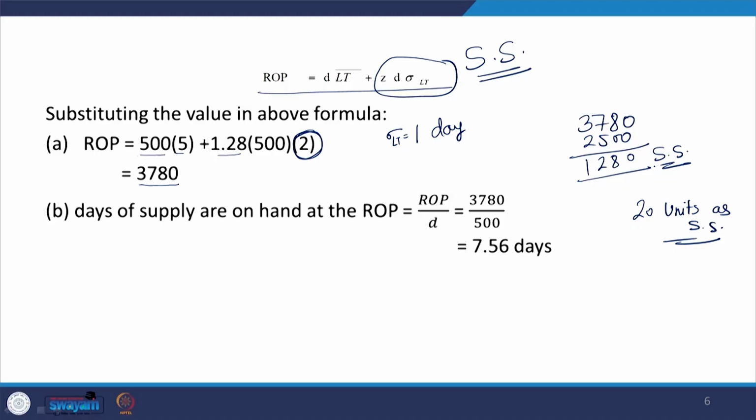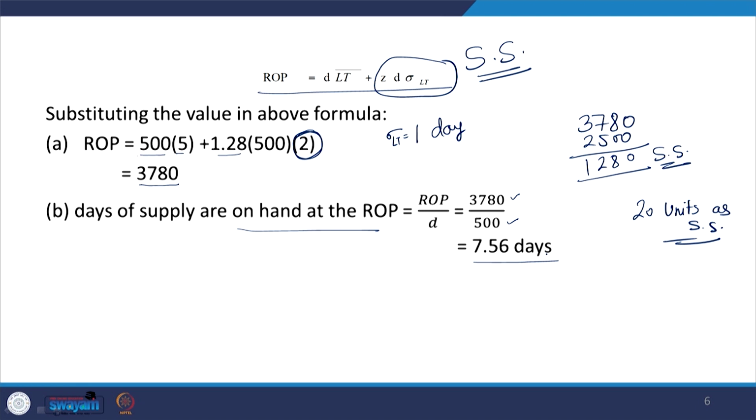Now, another part of this question is the days of supply on hand at the ROP. So, whenever you are going to place a new order, what is the supply on hand available with you? So, ROP divided by D. So, 3780 divided by 500, where 500 is your daily demand. So, you are having around 7.5 days of supply available with you.